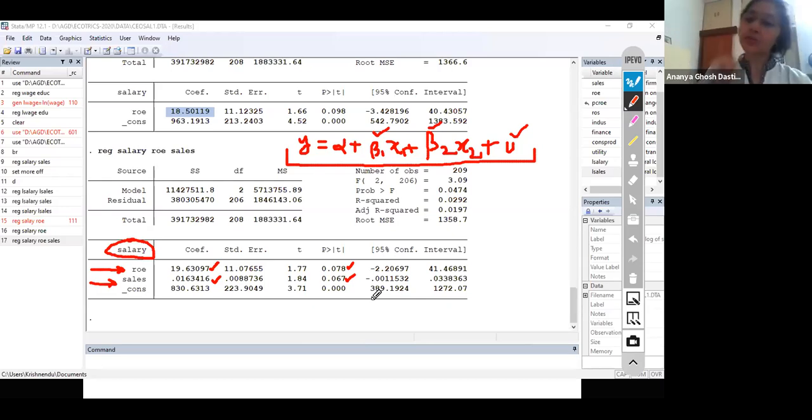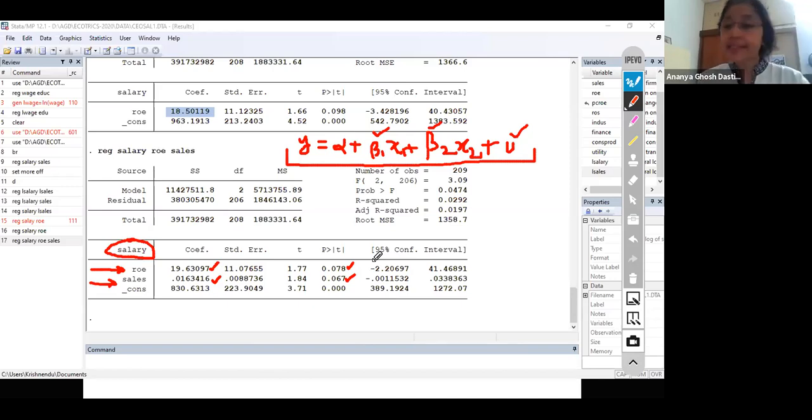So there is nothing like 5% is fixed or something like that. So clearly at the 10% level, I'm rejecting both the nulls, beta 1 equal to 0 as well as beta 2 equal to 0. In case there are questions on p-values, etc., I will take it up during the question time. All right. So right now I'm just noting this.